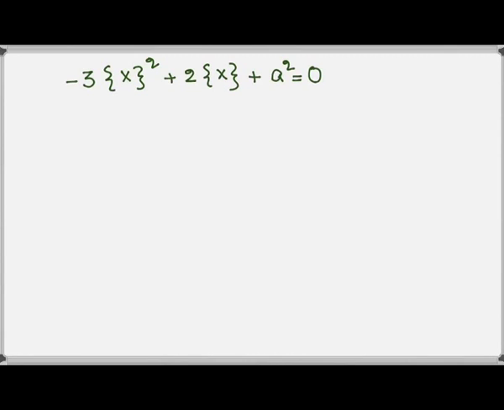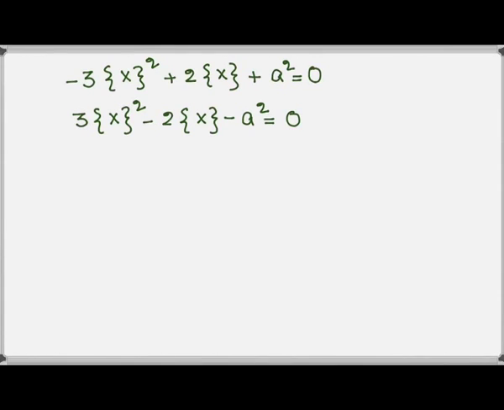Since we always want to keep the coefficient of the degree 2 term of any real quadratic equation positive, we write it as 3 into (fractional part of x) whole square minus 2 into fractional part of x minus a square is equal to 0.